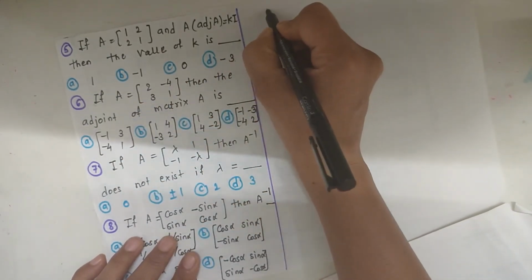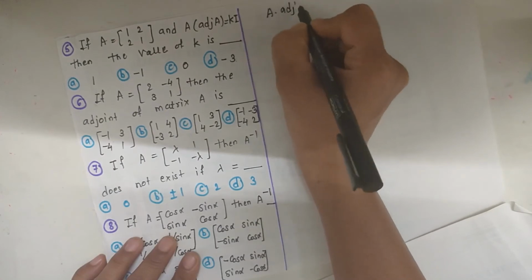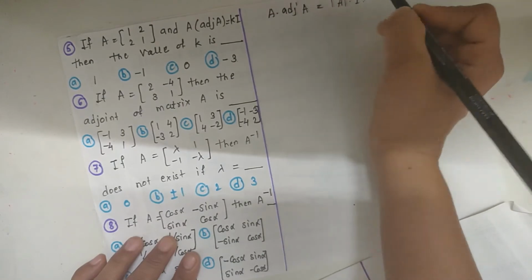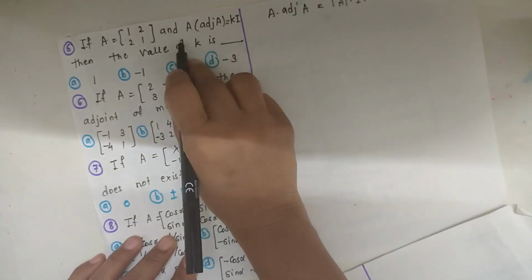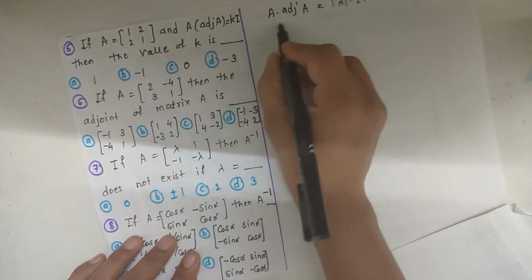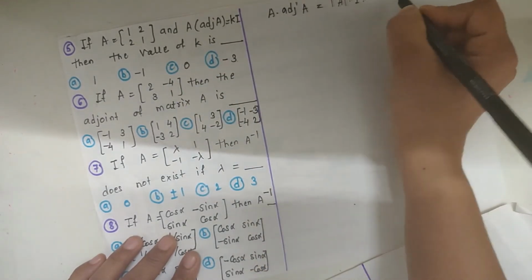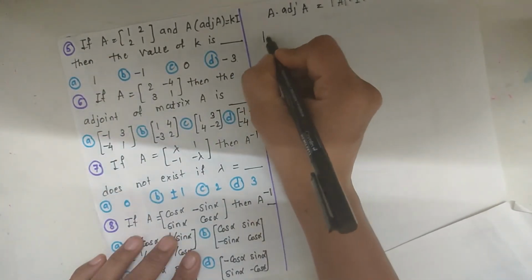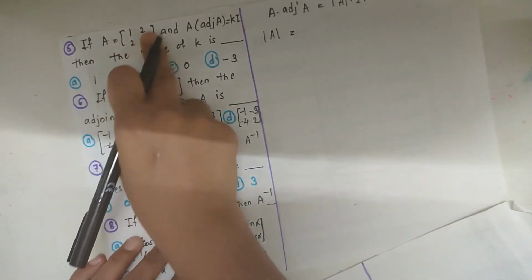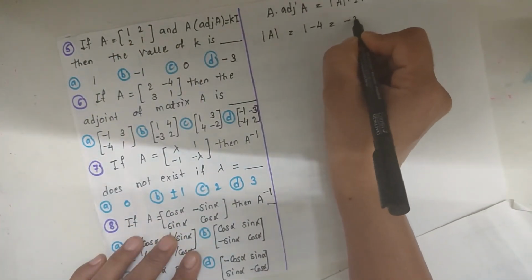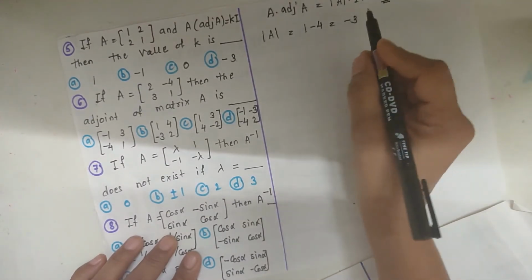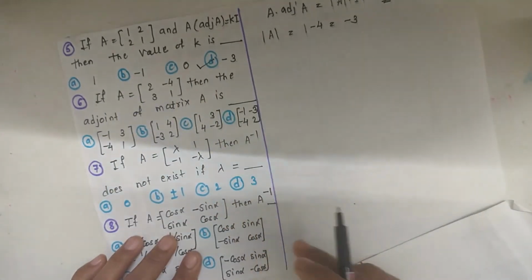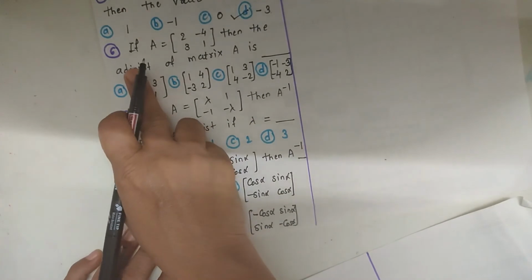We know that A into adjoint A is equal to determinant A into identity matrix I. So comparing the given equation with this equation, K is the value of determinant A. So the value of determinant A is 1 minus 4, which is minus 3. So K is the value of determinant of A, and therefore the value of K is minus 3. Option D is correct.